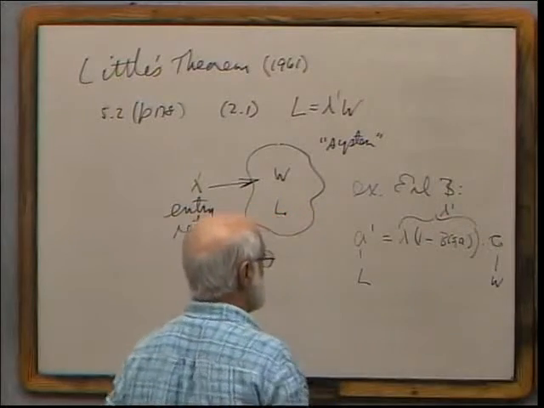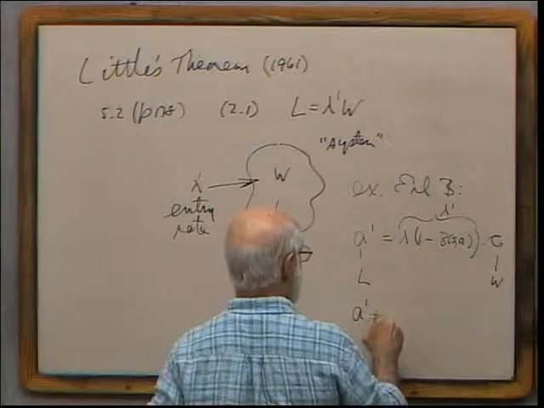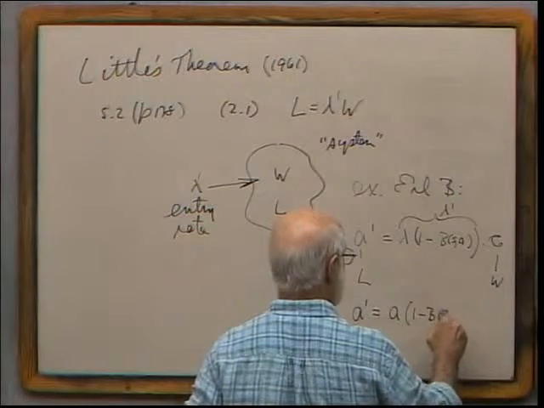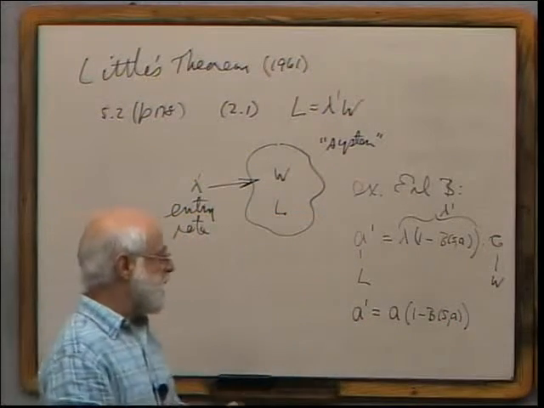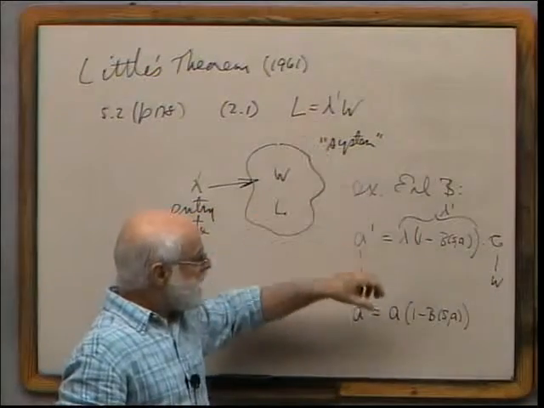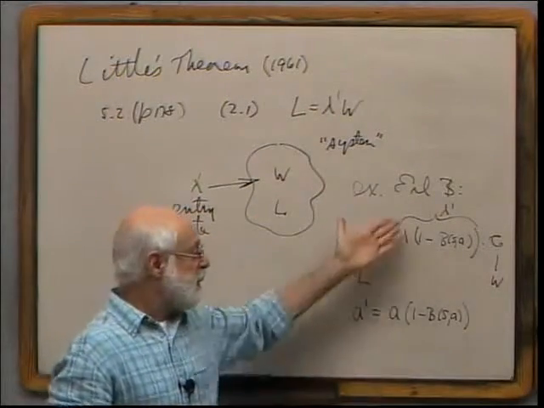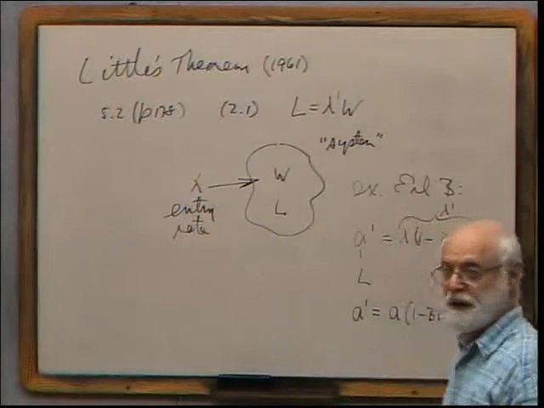Lambda times tau by definition is A. So A prime, therefore, is equal to A times 1 minus the Erlang-B. Of course, we already knew that, but we obtained it by actually calculating the definition of average and doing some arithmetic. And now we don't need to do any arithmetic. We can see that this is actually a consequence of Little's formula.